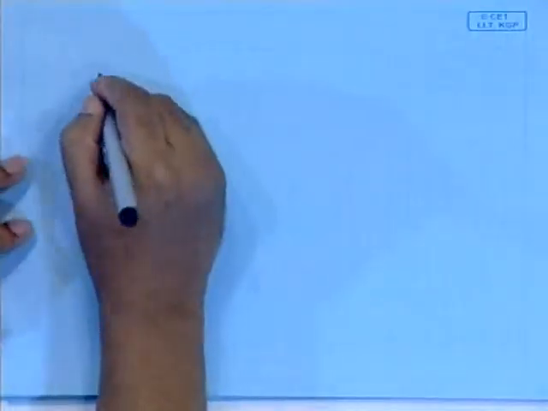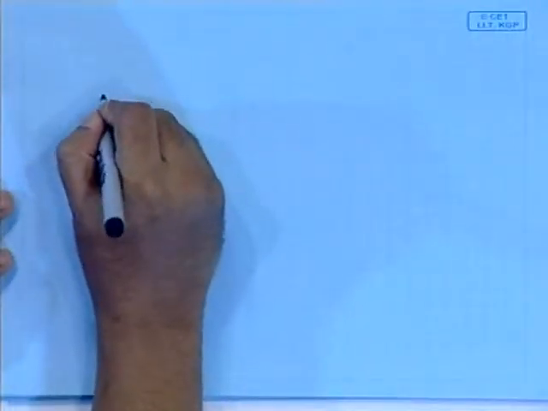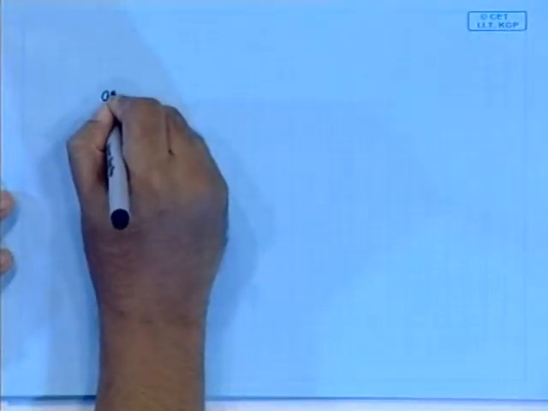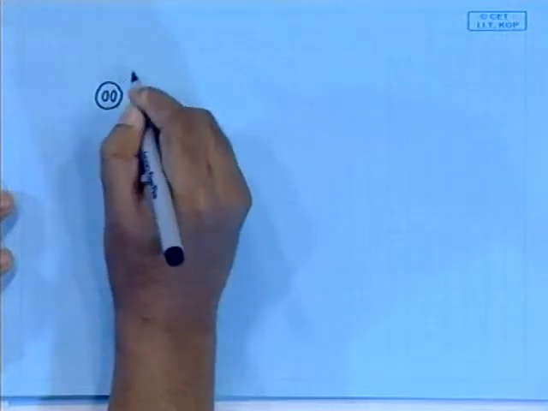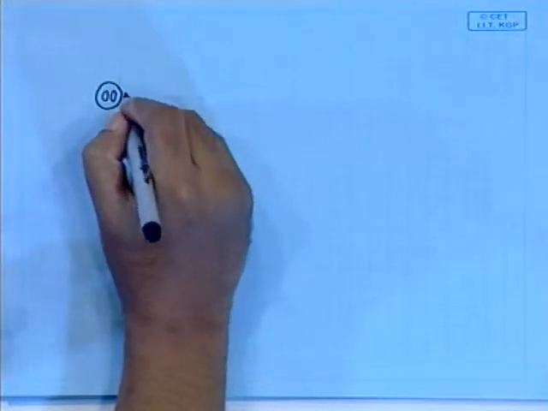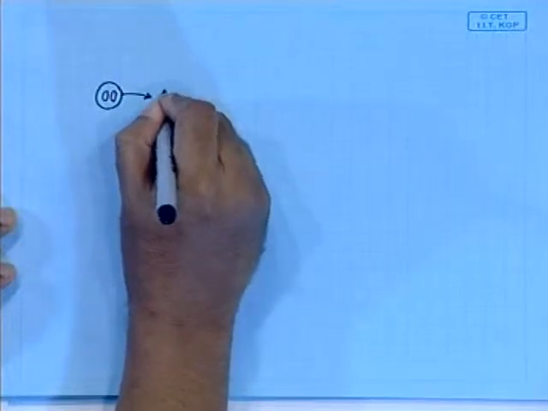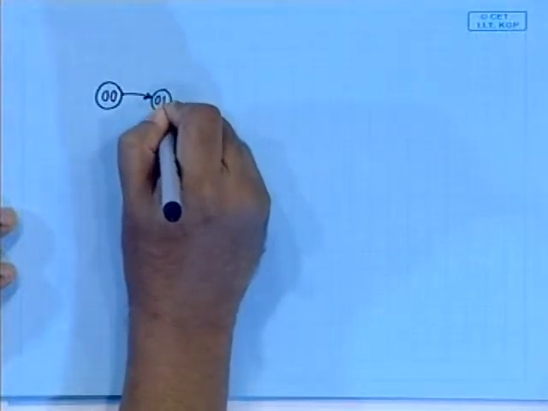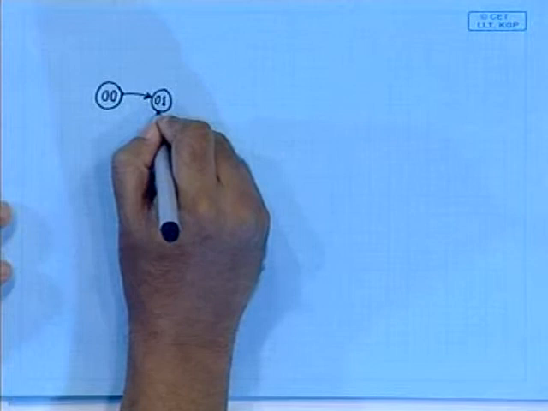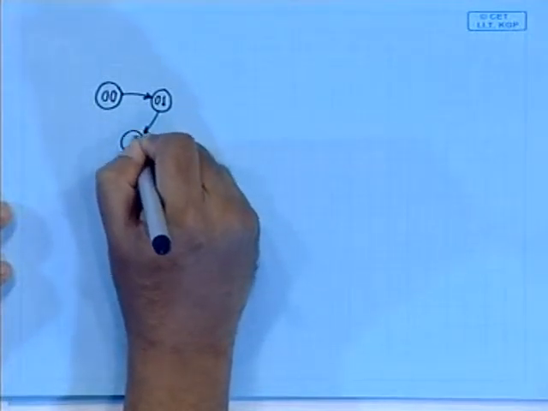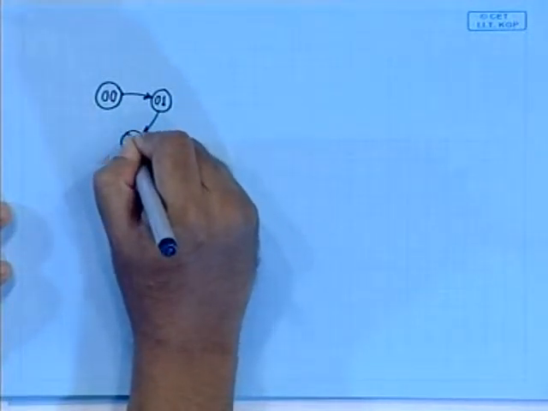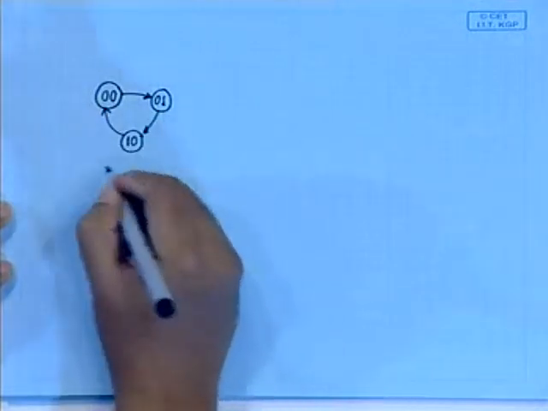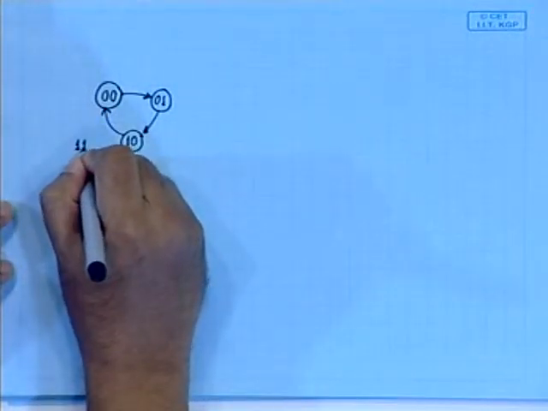Suppose I have a finite state machine which looks like this. It goes from 00 to 01, to 10 and then back here, and the state 11 is a separate state.